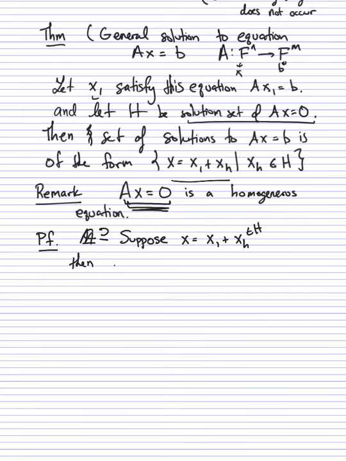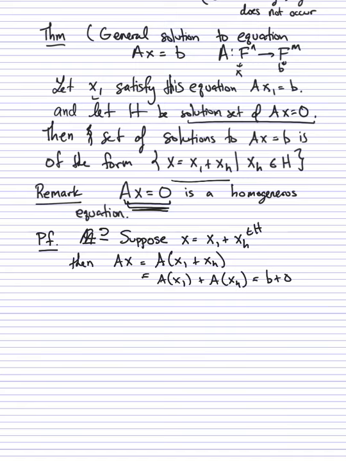Then A of x is equal to A of (x1 plus xh). So this is A of x1 plus A of xh. So this is b plus 0. So if you're a sum of this form, you certainly map to b under A.